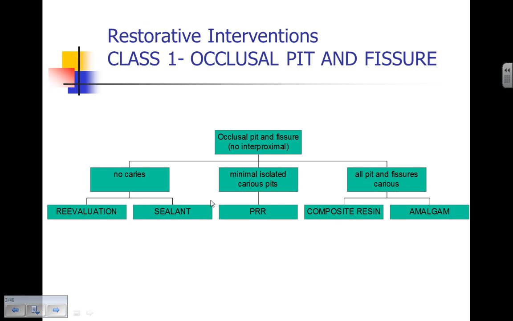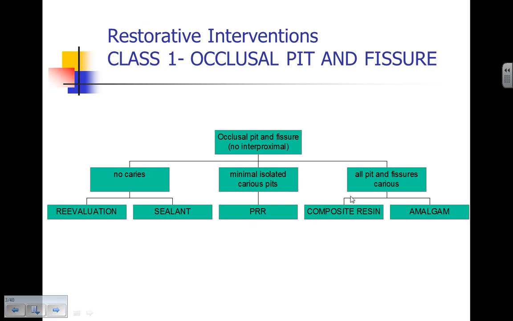In the case where we see minimally isolated carious pits and fissures, where they're not very extensive, we're going to consider a preventive resin restoration. And we'll talk about the minimal intervention required for preventive resin and what the technique and preparation design features really encompass.